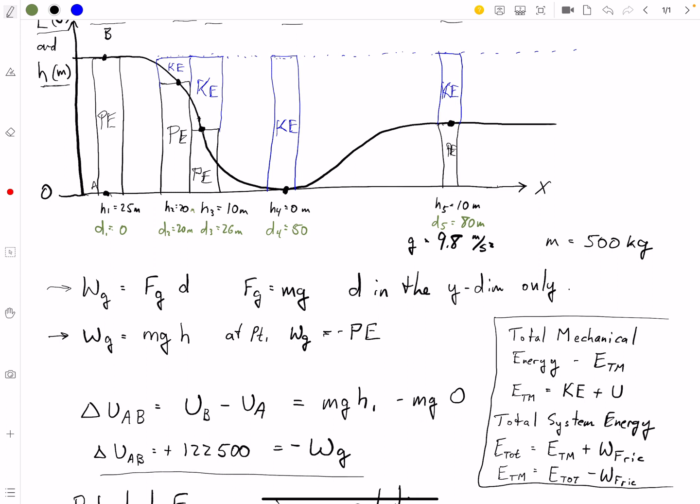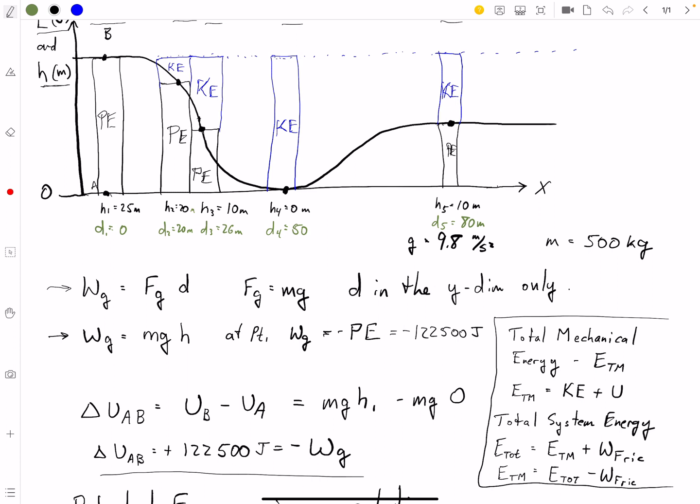I'm just repeating it. So the potential energy, UAB, is positive 1.225 times 10^5. That means that our work of gravity is negative 1.225 times 10^5. Oh, and that's joules. Pardon me. Joules. Okay.